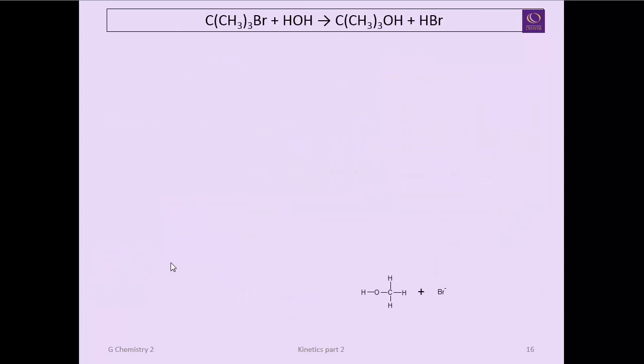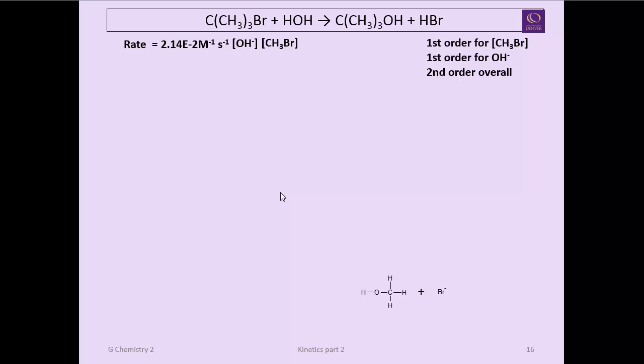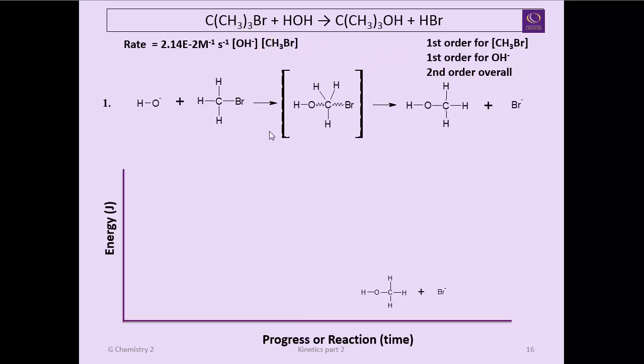All right, so now let's look at what happened reaction mechanism-wise that would explain why this is just second order overall. So here's our expression. First order for methyl bromide, first order for hydroxide. If you add those together, it's going to be second order overall. So here's the actual reaction.